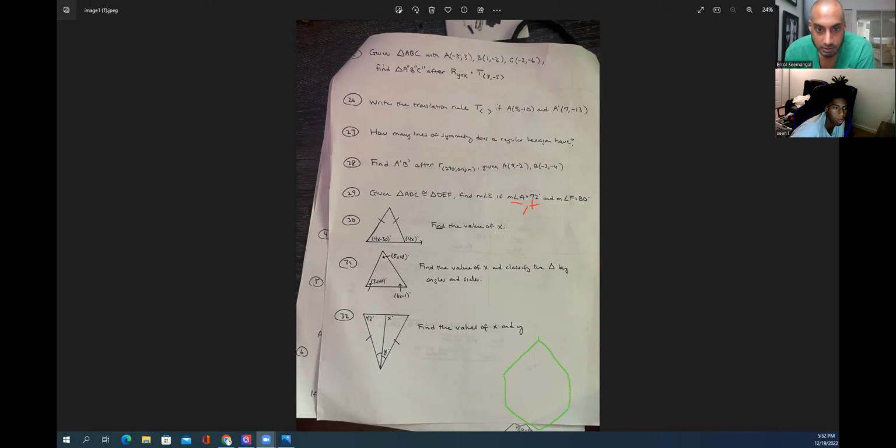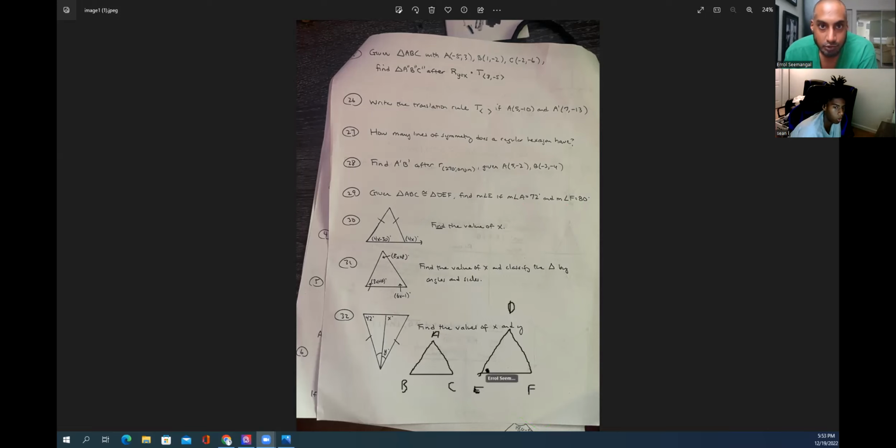There's ABC, and then you got the other, bigger one, D, E, F. They're congruent, right? Find the measure of E. So we're trying to find this one right here.